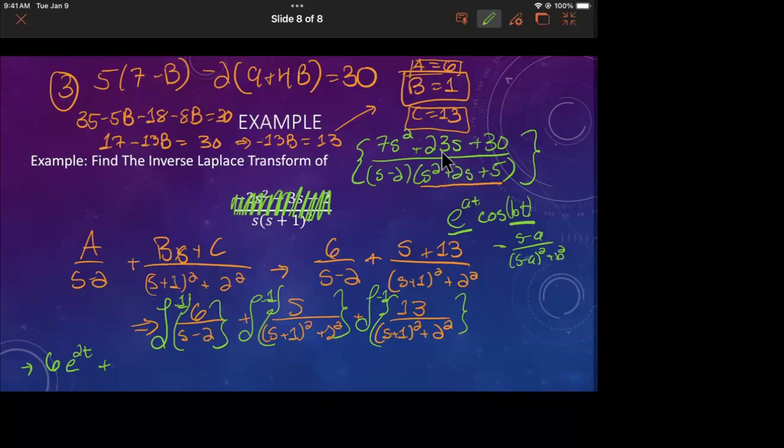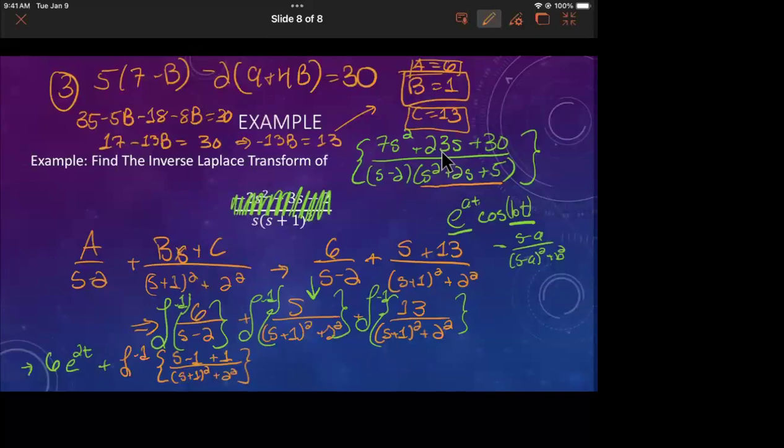We don't have an s minus a term in here, so we're going to have to do a little bit of a math trick. We take the inverse Laplace transform of s minus 1 plus 1 over s plus 1 squared plus 2 squared.